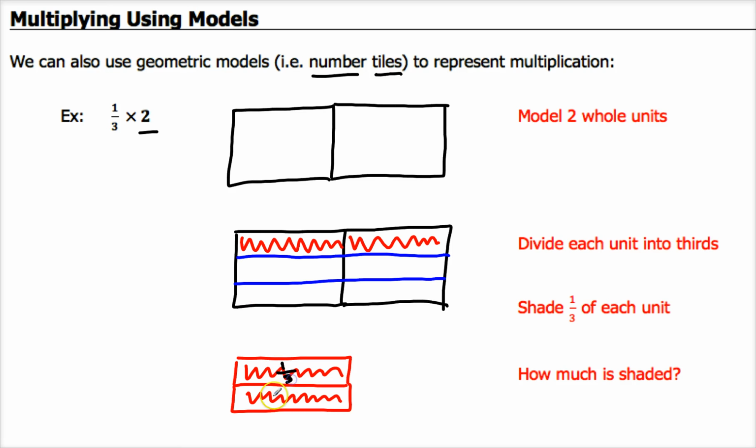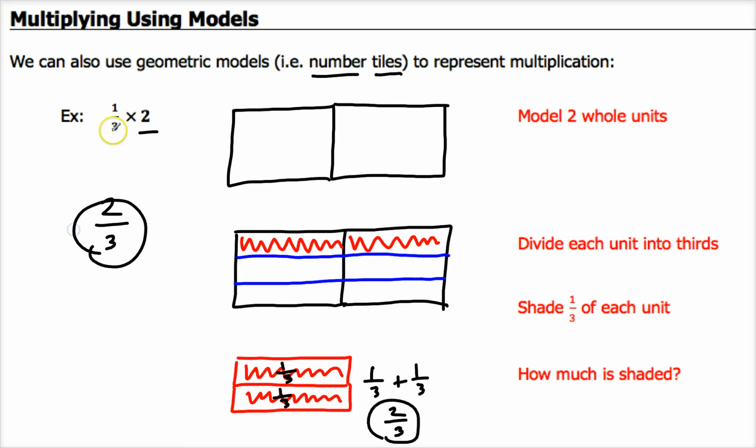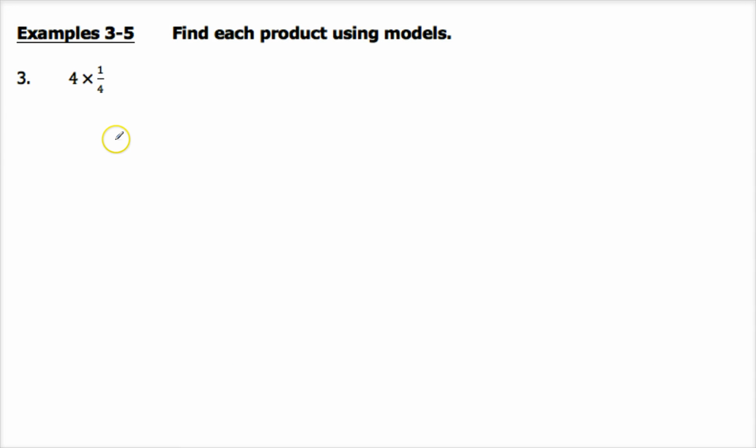So I have 1/3 here, and 1/3 here, and 1/3 plus another 1/3 we know is 2/3. So I have 2/3 total of my 2 squares shaded, and that would be the answer to this multiplication problem. 1/3 times 2 is in fact 2/3.